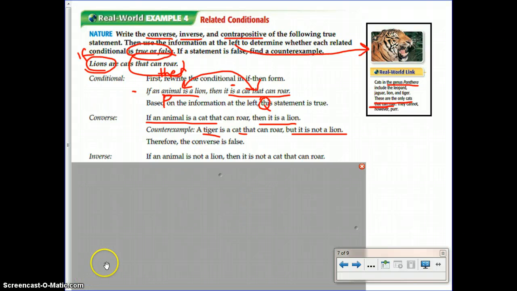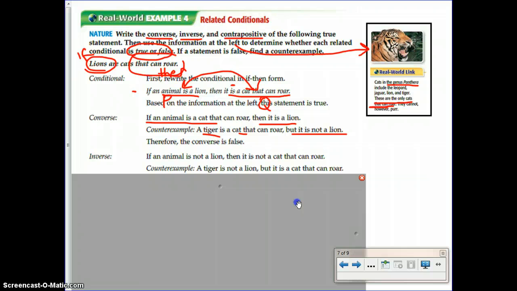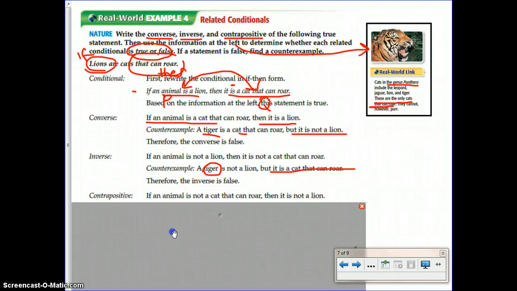So if it's not a lion, then it's a cat that cannot roar. What do you think? Well, we can think of a tiger, which is not a lion, but that's a cat that can roar. So this is a counterexample that proves that that is false.